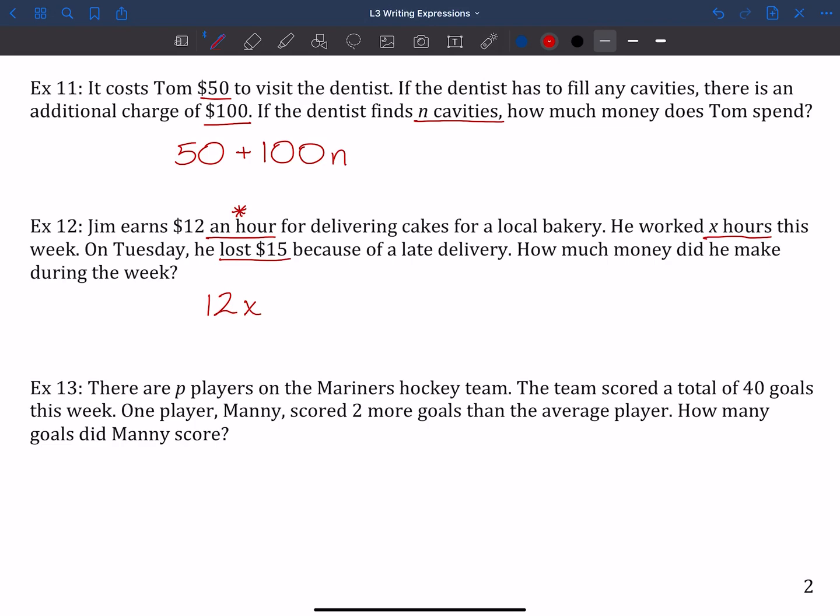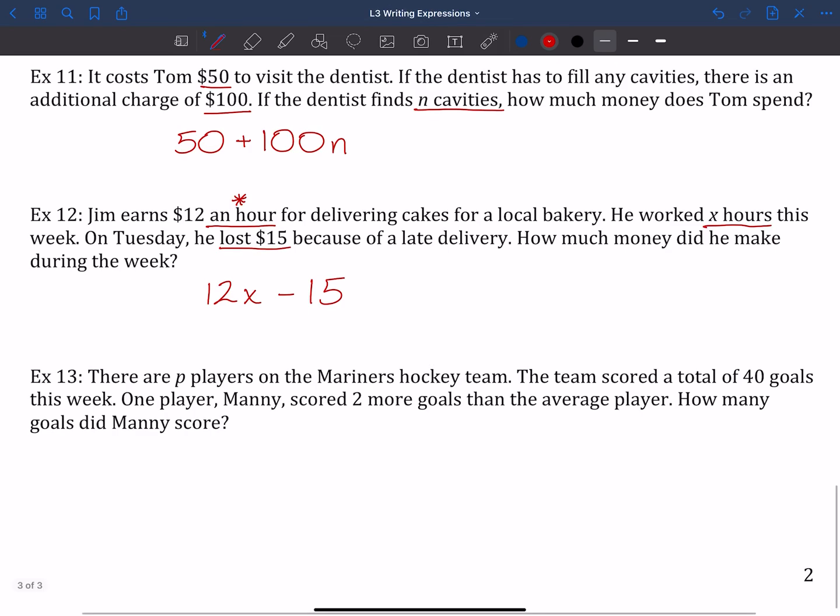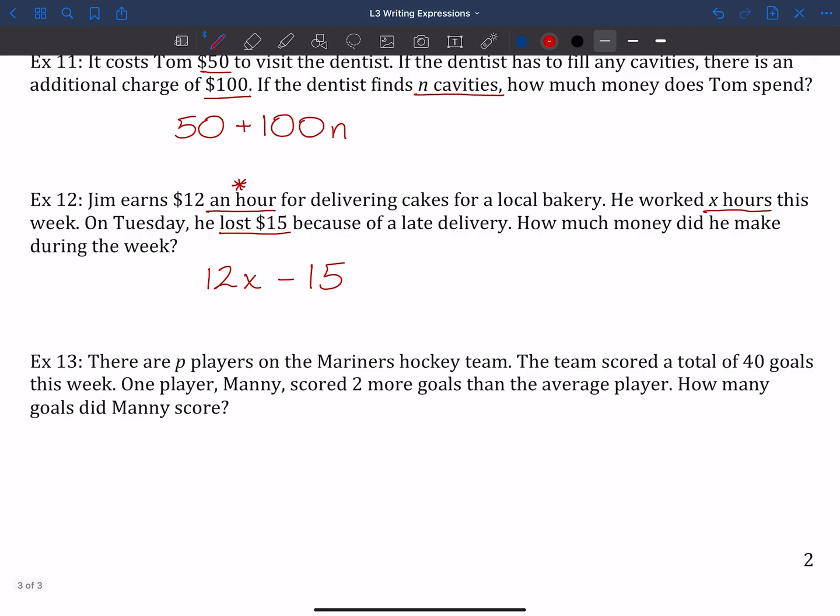If he worked 2 hours, he'd make $24, because we'd be multiplying it by the hours. After that, he made all that money, but then he lost $15, so we're going to take $15 away from him. Sorry, Jim. Should have been on time. Hopefully that one doesn't seem so bad. It's not really as much going on with that one as the dentist one, to be honest.